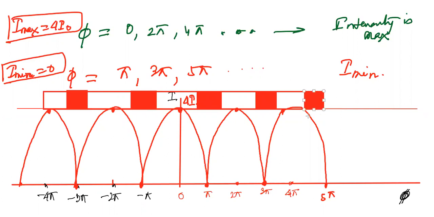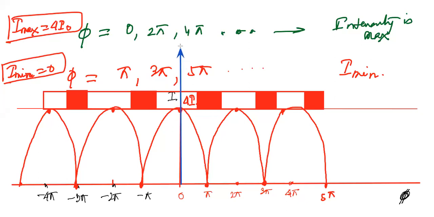Is it clear to everybody, children? So from where we started, this is the variation of intensity with this. You can see, children, one very, very important formula we have derived. I told you today that this is basically redistribution of energy. And you can see over here, this is the variation of intensity with phase angle.